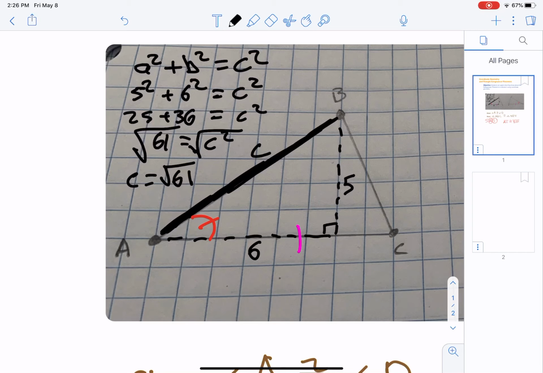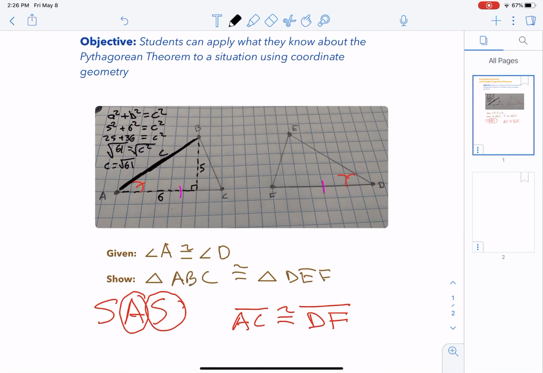I'm going to scroll back out. What I need you to see here is that the same logic would apply to this hypotenuse over here, which I shaded in too heavily probably, but that's okay. This is also going to be root 61.